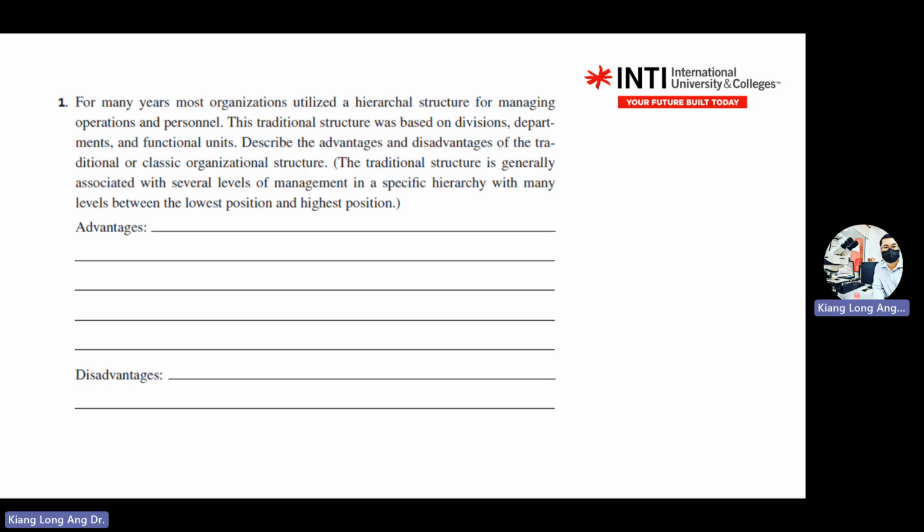So the disadvantage, number one, is the influence of the strongest functional group. The decision might be based on politics and the influence of the functional group.